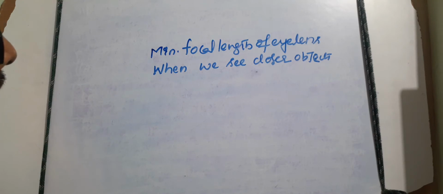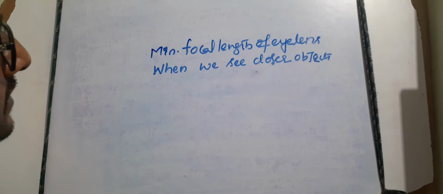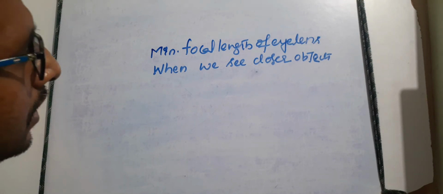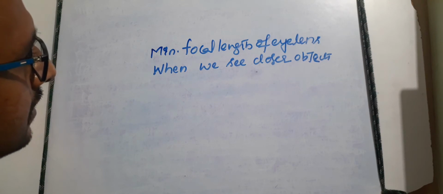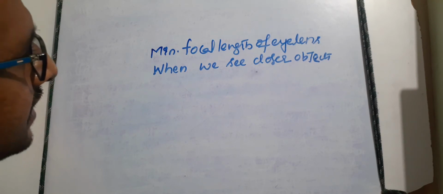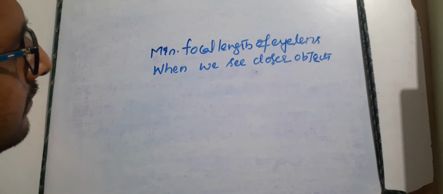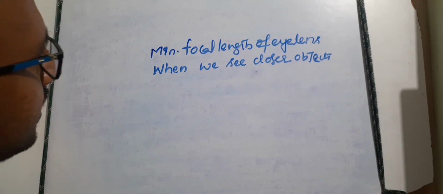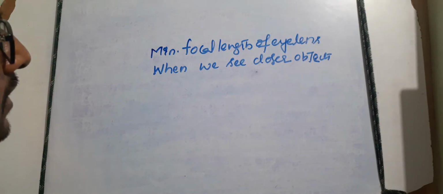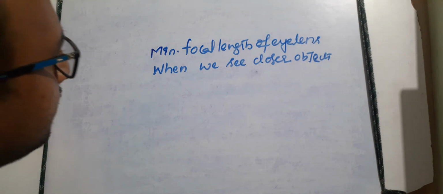So now the focal length of the eye lens decreases. This kind of facility is also called accommodation of the eye lens. So the eye lens can adjust its focal length. When we see distant objects it is a maximum value, that is 2.5 centimeter, and when we see closer objects, it can adjust its focal length to a minimum value, that is 2.27 centimeter.